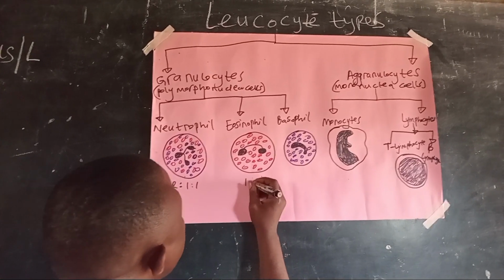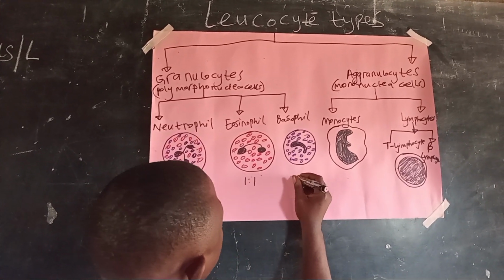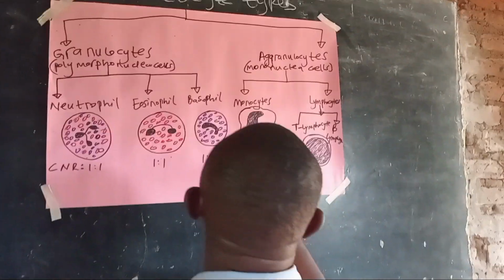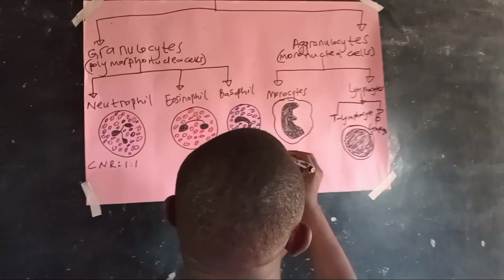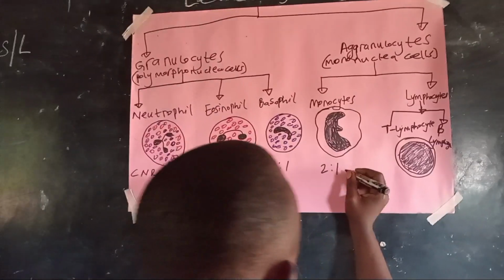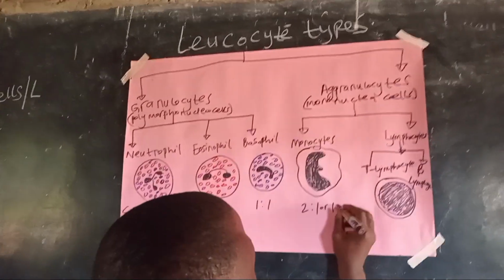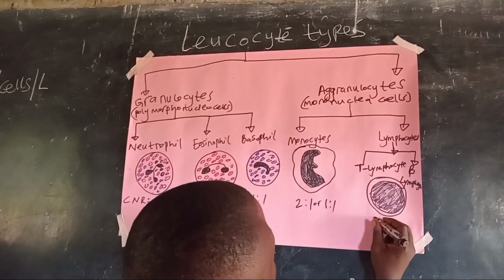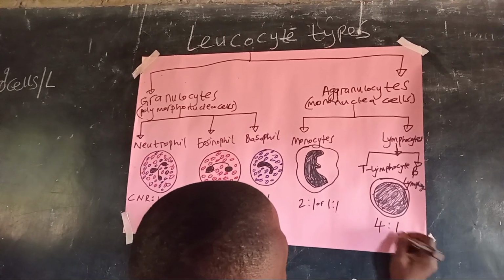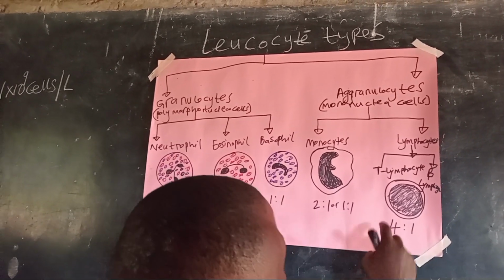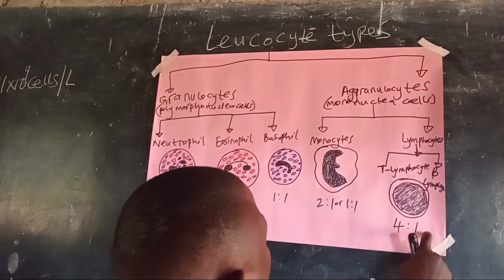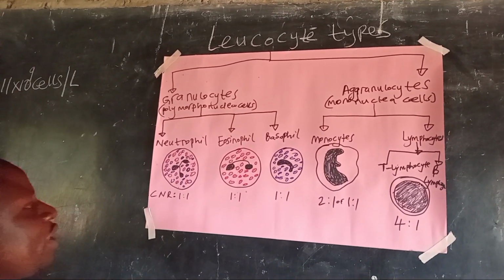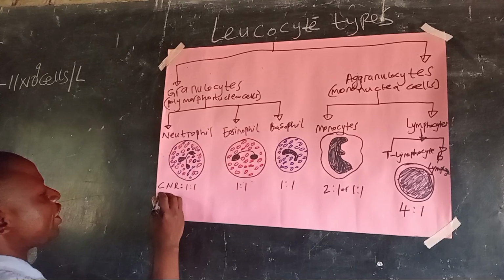Actually, it's the same here, 1:1, and even here, 1:1. Here, the ratio is either 2:1 or 1:1. Here, the ratio is 4:1. This is the nucleus, this is the cytoplasm, the ratio.